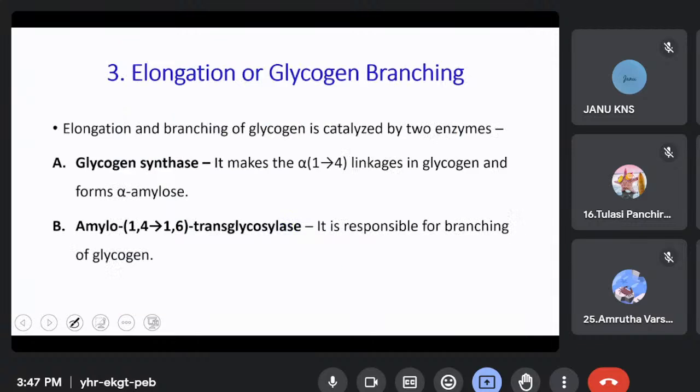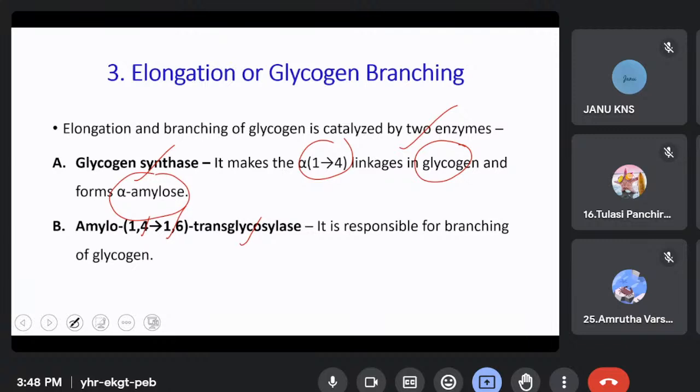About 7 of these glucose residues are donated by UDPG, and thus a primer is synthesized. Next, coming to elongation and branching of glycogen. Elongation and branching of glycogen is catalyzed by two enzymes. One is called glycogen synthase, the other is called amylo 1,4 to 1,6 transglycosylase. Glycogen synthase makes the alpha 1,4 linkages in glycogen and forms a structure called alpha amylose.